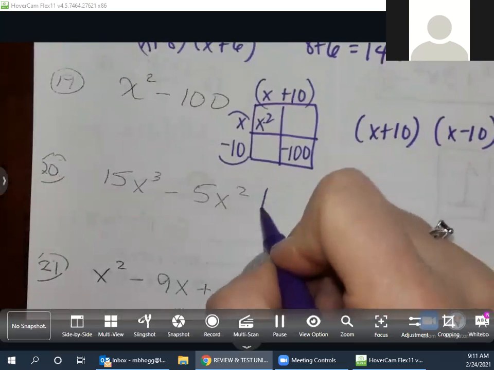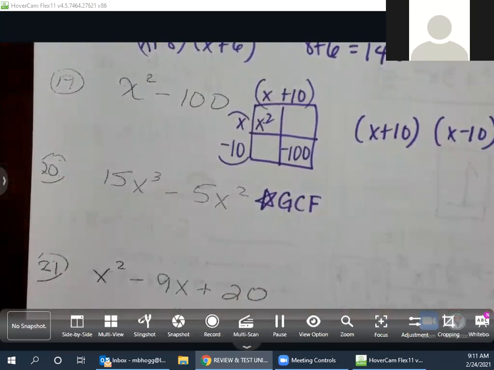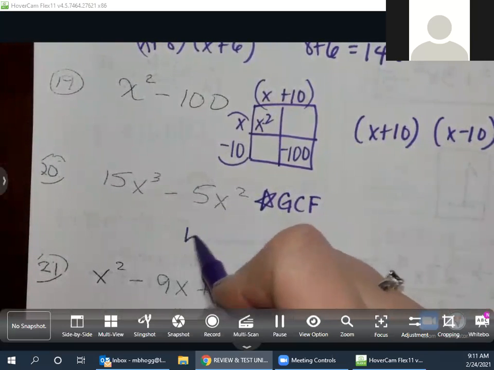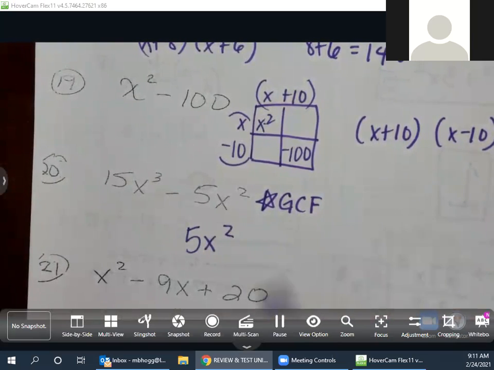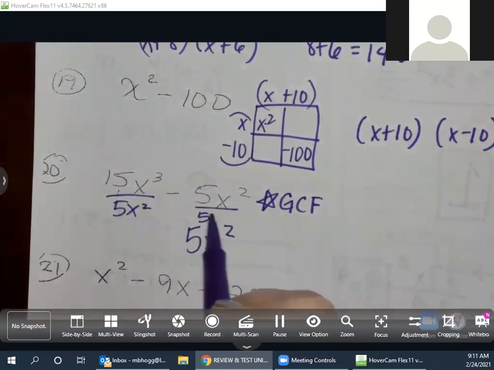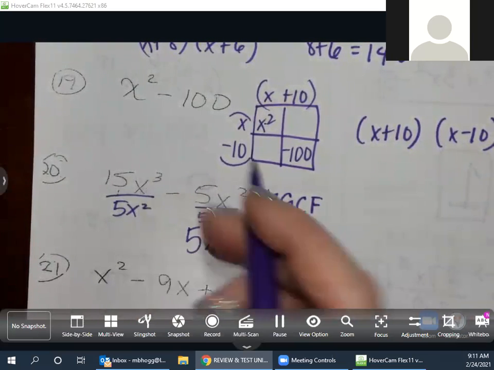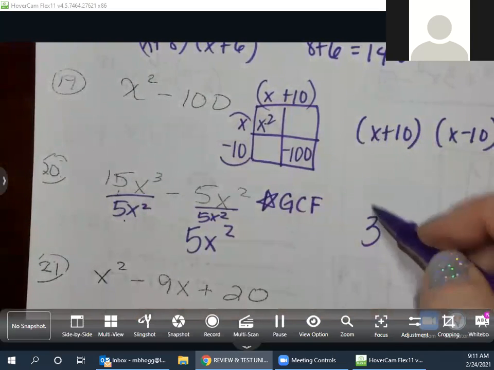On 20, there's a GCF that you need to take out first. What is the GCF? 5 and an x squared. Good. So if you take out a 5 and an x squared, remember you have to divide both by 5x squared. You end up getting a 3. 15 divided by 5 is 3.